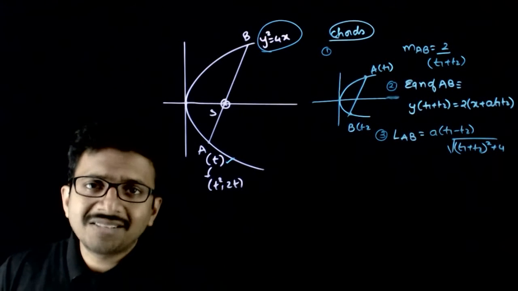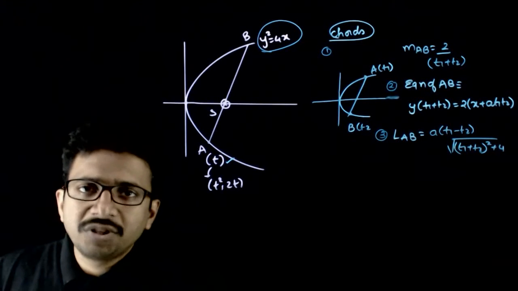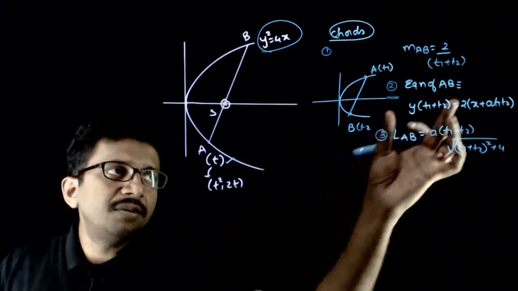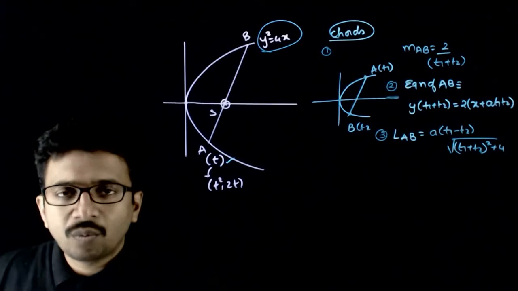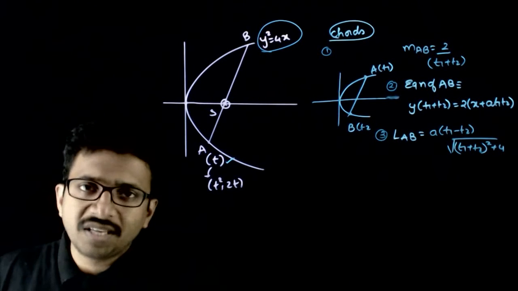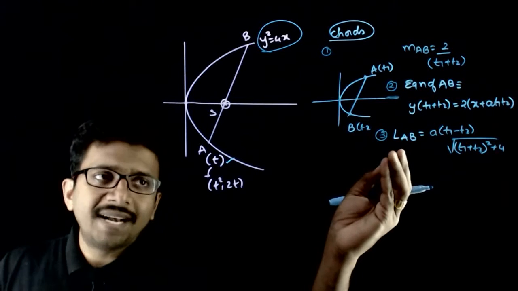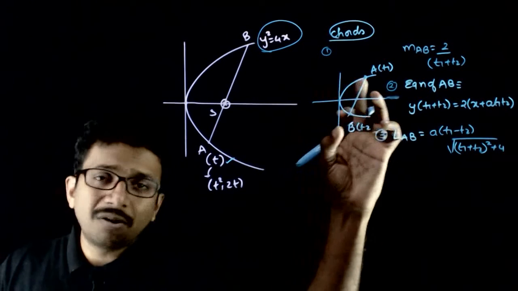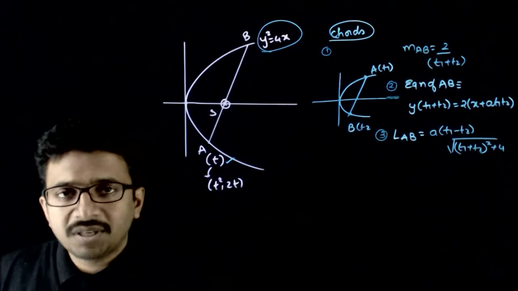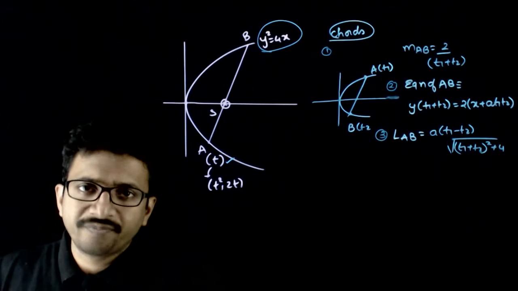There are a lot of other results, but these are the basic minimum. So slope of AB is 2 by t1 plus t2. Equation of AB is y times t1 plus t2 is equal to 2 times x plus a t1 t2, and the length of the chord joining t1 and t2 is a into t1 minus t2 into root of t1 plus t2 whole square plus 4.